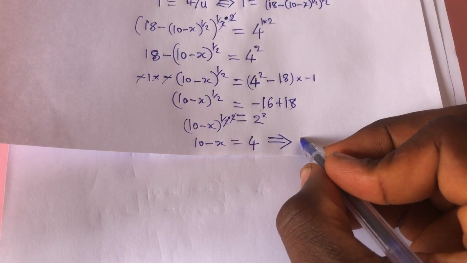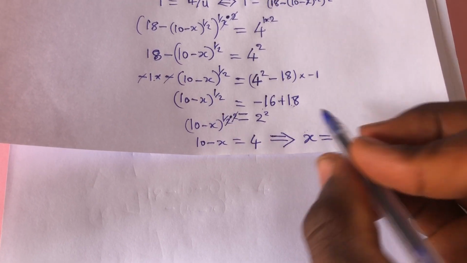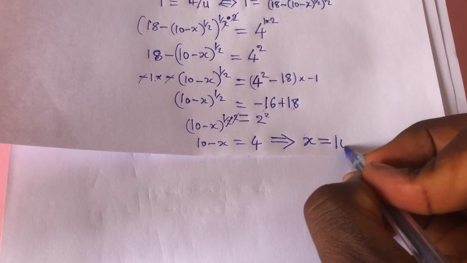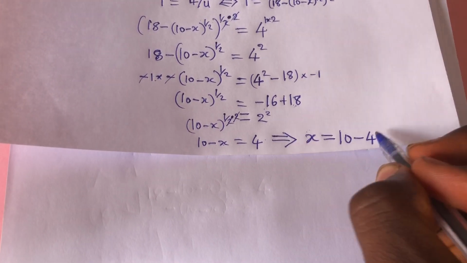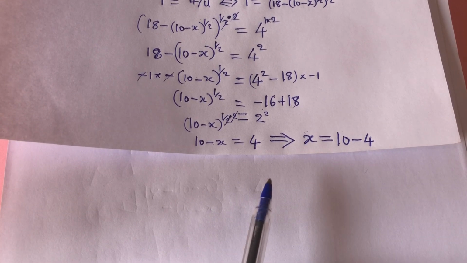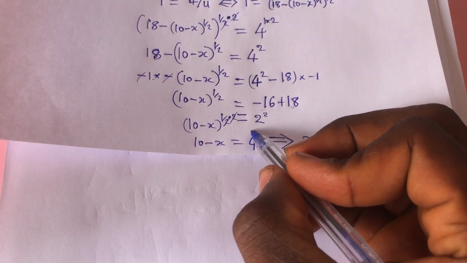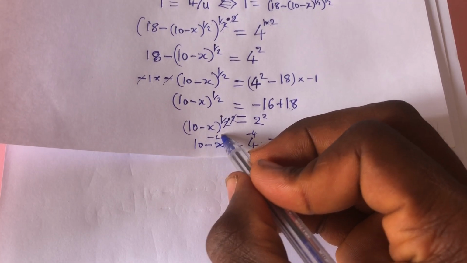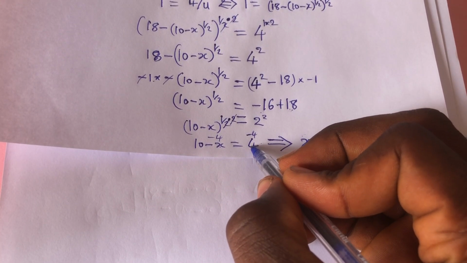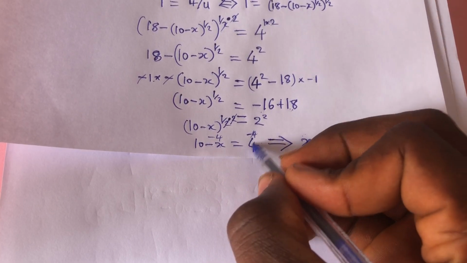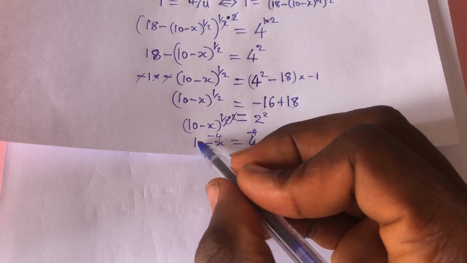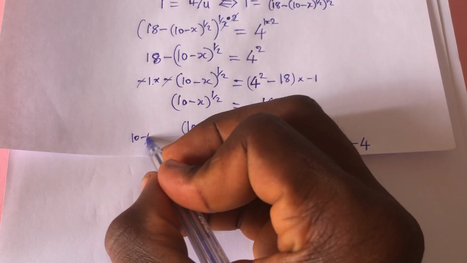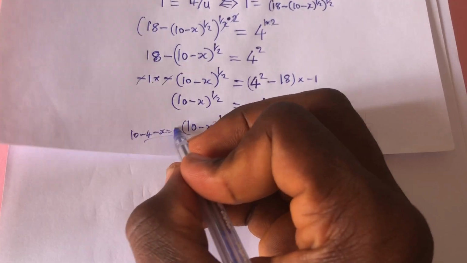x is equal to, take x to this side and bring back 4. So it will become 10 minus 4. I hope you know how I got 10 minus 4, because if I subtract 4 here and subtract 4 here, here will give us 0, and here will give us 10 minus 4 minus x is equal to 0.